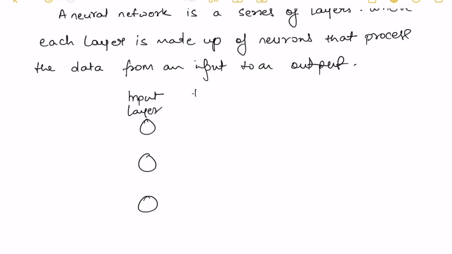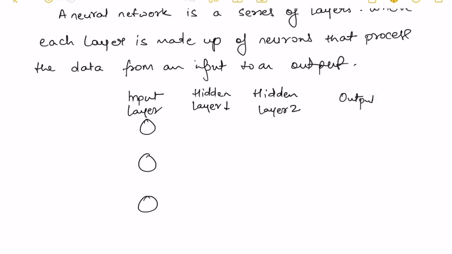We call it hidden because the activations in these layers do not really mean anything. But you can have as many hidden layers as you want. The deeper the network is, the more hidden layers it has. So let's design this neural network with two hidden layers: the input layer, then hidden layer 1, then hidden layer 2, and then we have an output layer.